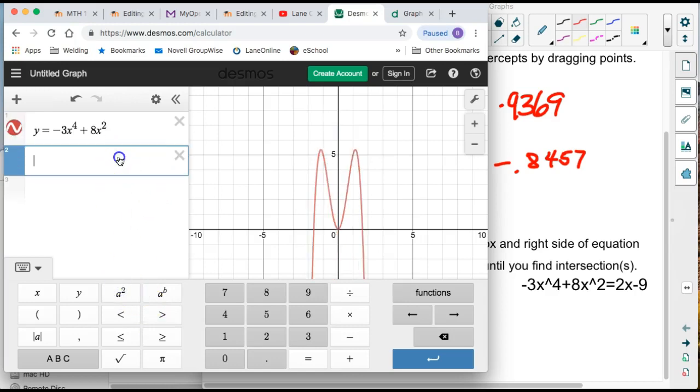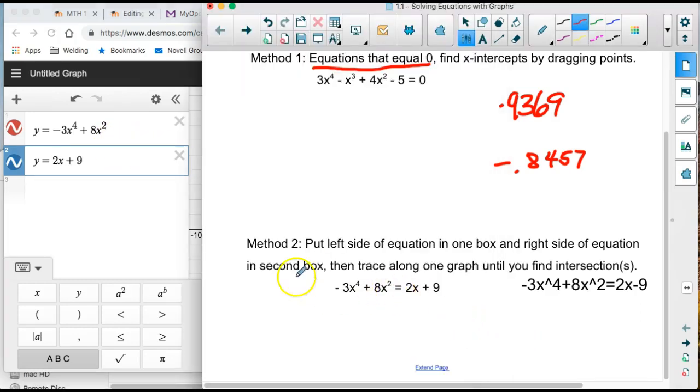And in the second one, we're going to put in y equals 2x plus 9. All right, so on our first equation, that's what we have. That's the left-hand side, negative 3x to the fourth plus 8x squared, and the right-hand side is 2x plus 9.